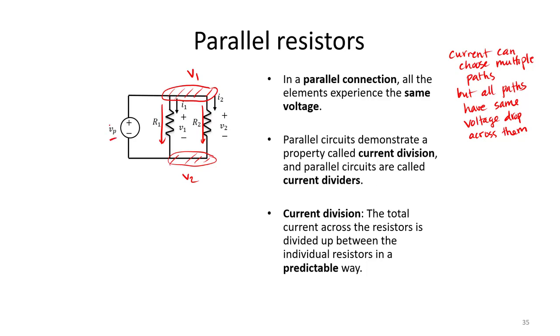In fact, in this case, we can see that that voltage difference will be equal to Vp. So parallel circuits demonstrate this property called current division because they're basically splitting current across multiple paths.